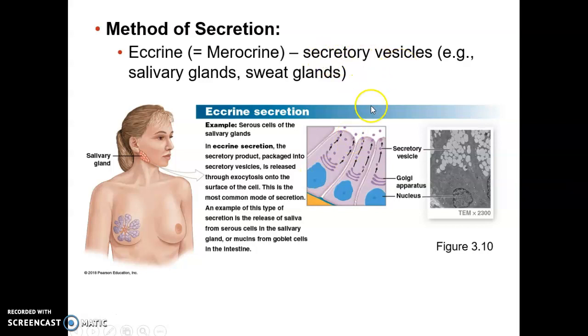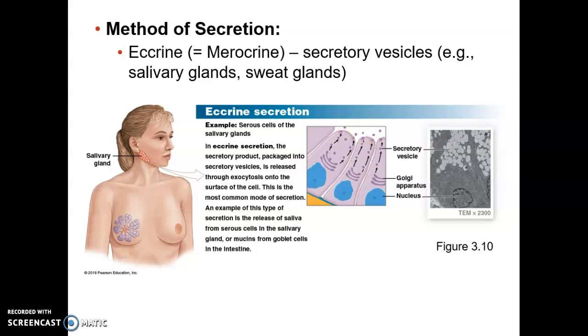And in a previous chapter, we looked at this example for proteins that are produced for secretion. The Golgi apparatus, that's what this is, packages the material for secretion into secretory vesicles. They reach the plasma membrane, the vesicles fuse with the membrane, and the material is secreted.